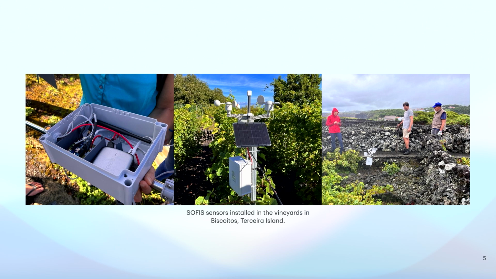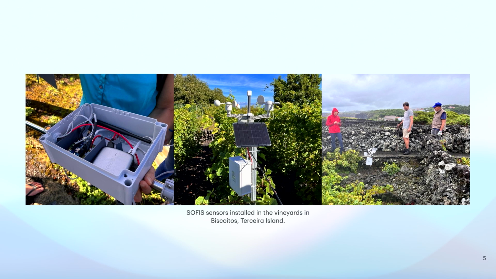Here are more pictures of the SOFI sensors and how we deployed them. As you can see, this is a small device powered by solar panels, and we placed them in Biscoitos. It's a village on the northern side of the island where people typically grow their vines, and this is very characteristic.